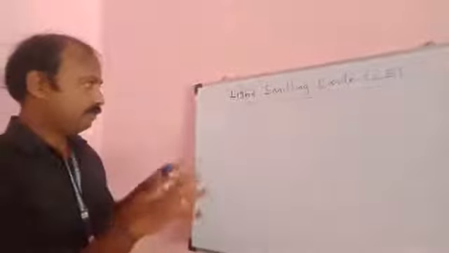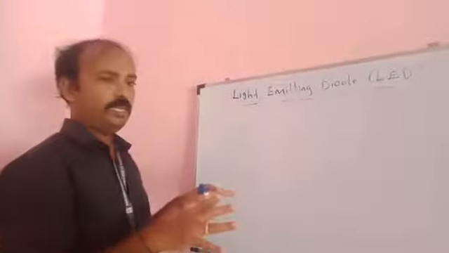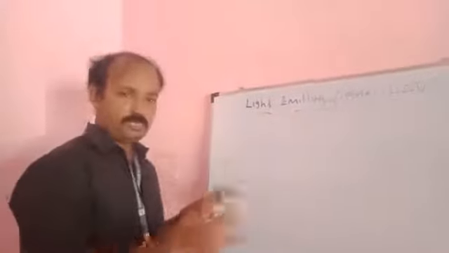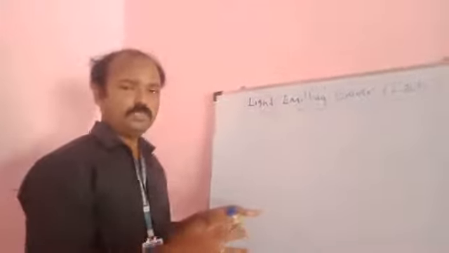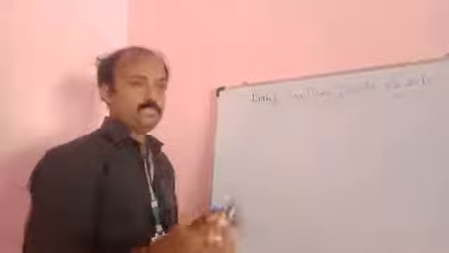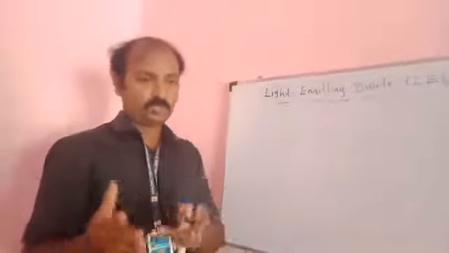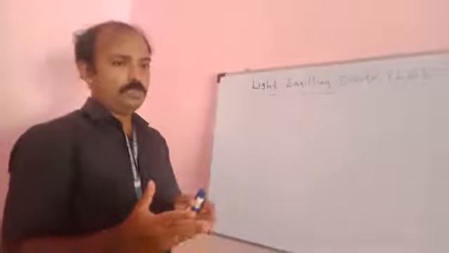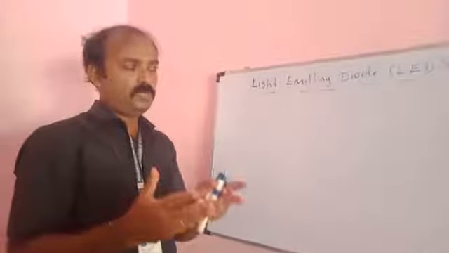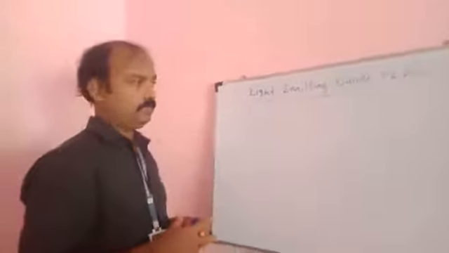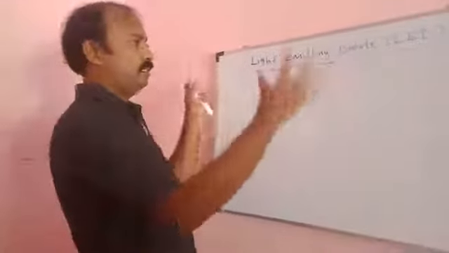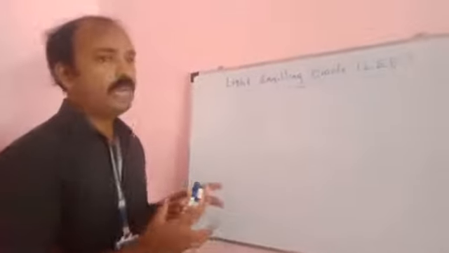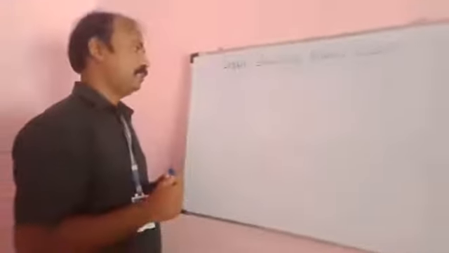So simply, what is the LED? LED is a semiconductor PN junction diode which converts electrical energy into corresponding light energy. And it works exclusively in forward bias.